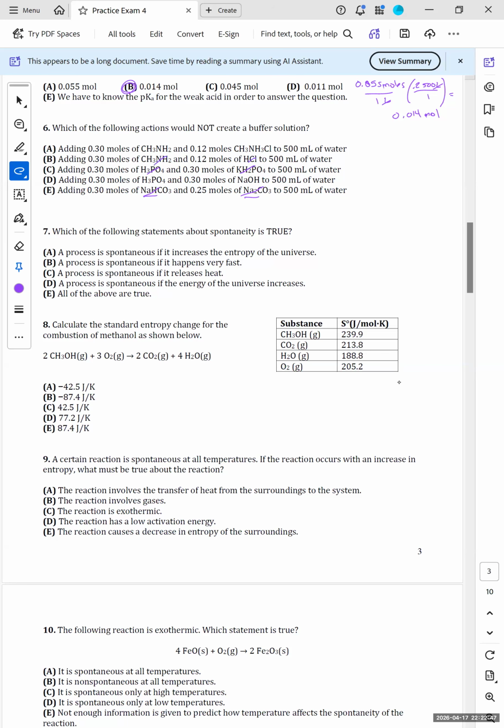This definitely doesn't make sense. CH3 and H2, CH3, H3Cl. Again, not really making sense here.